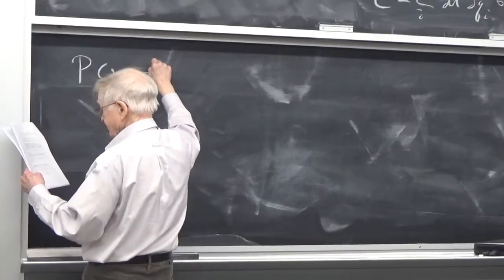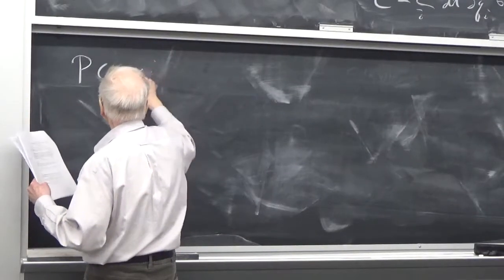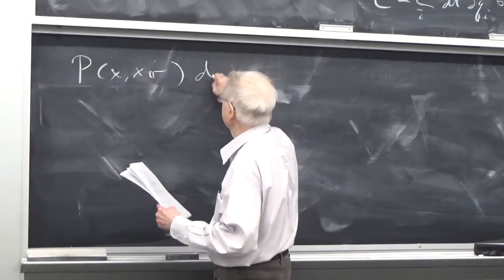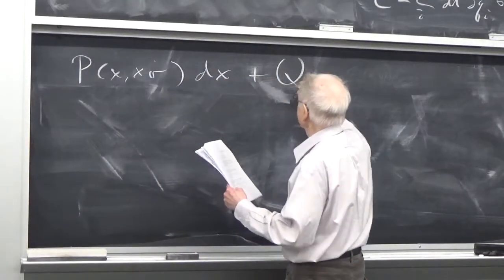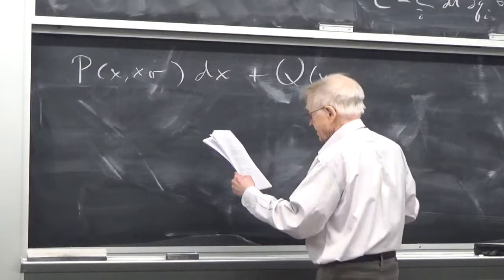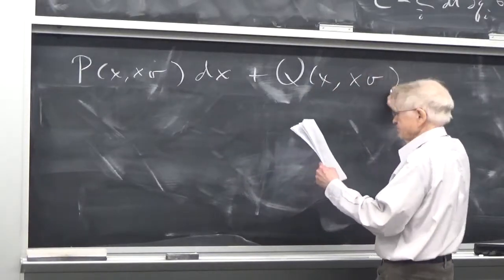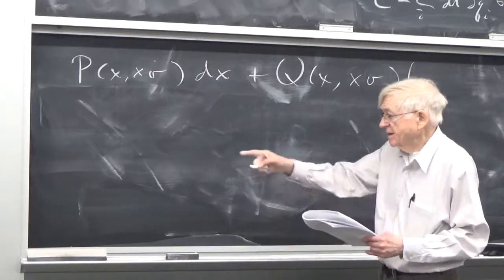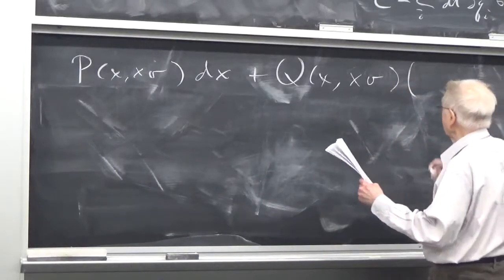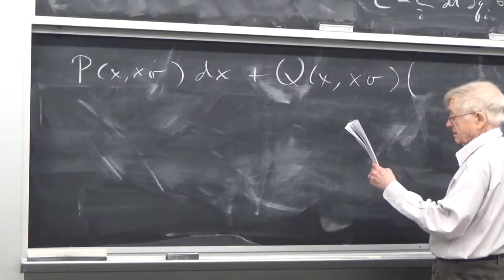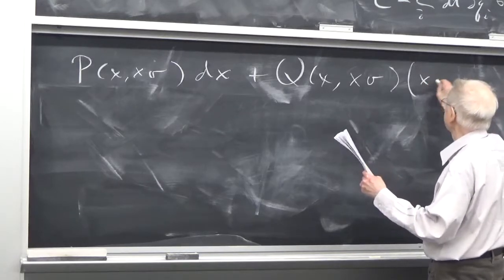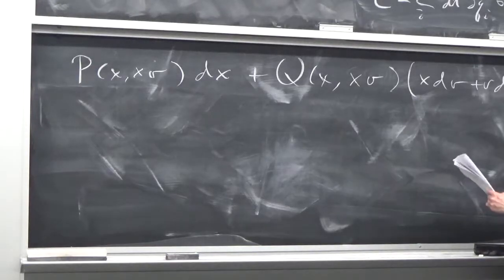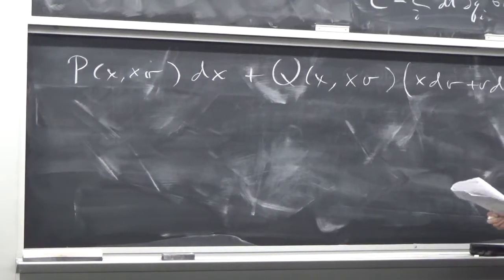and v, P of x and xv, because y is xv, dx plus Q of x and xv. And now dy is v dx plus x dv, so it's x dv plus v dx. So all that is equal to 0.